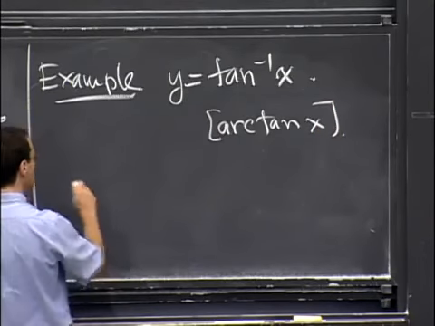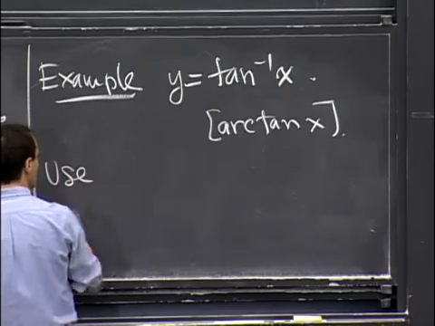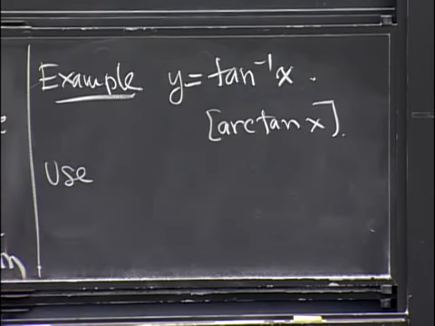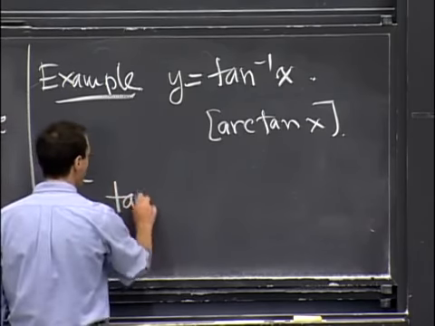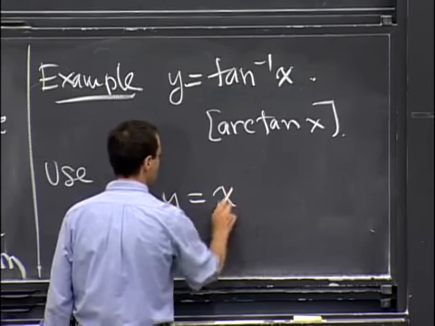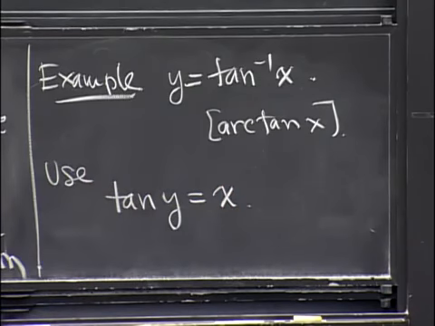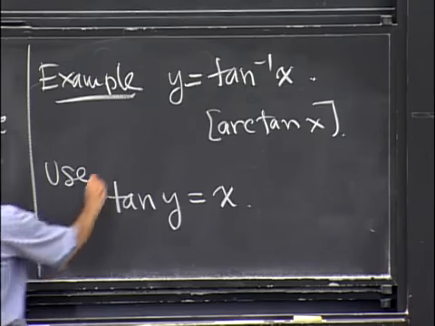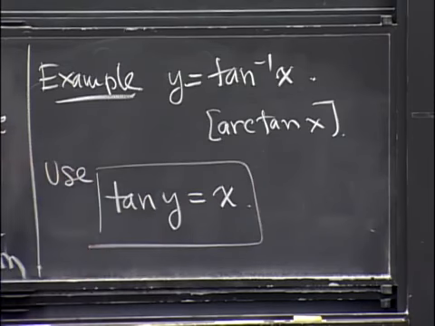And what we're going to use to describe this function is the equation tan y is equal to x. That's what happens when you take the tangent of this function. So this is how we're going to figure out what the function looks like.